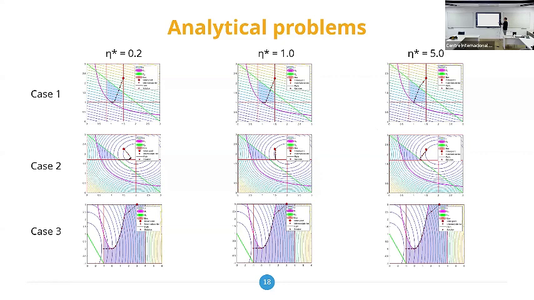For instance, in problem number 1, we see the objective function tends to be minimum in this direction, and we have this set of feasible solutions. The higher the eta, let's say, the more orthogonal the path becomes towards the boundary of this constraint.